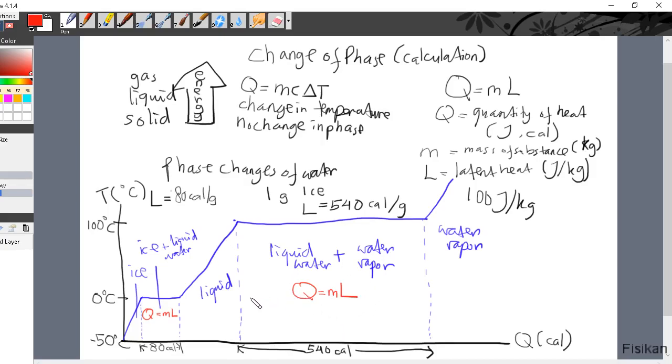Now this example is when the substance receives energy. If the substance releases energy, meaning from gas to liquid and then to solid, you still use the same formula, but the meaning of Q here is not the amount of energy received, but the amount of energy released by the substance.